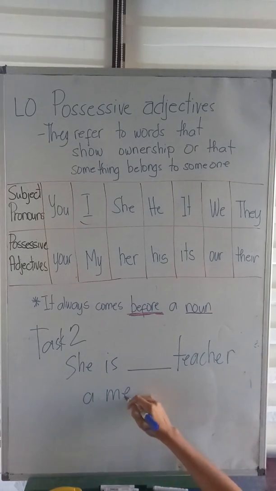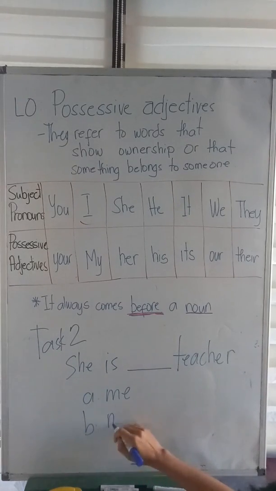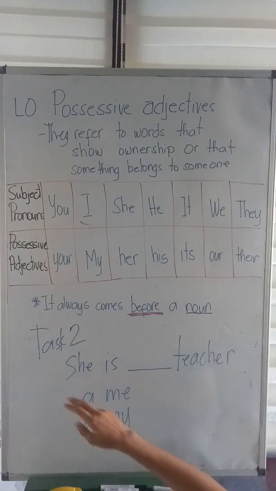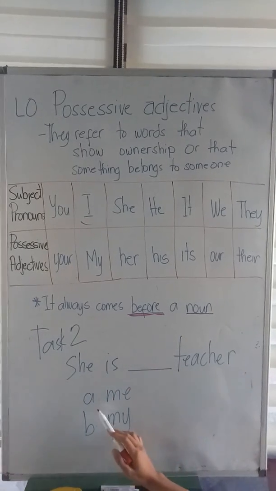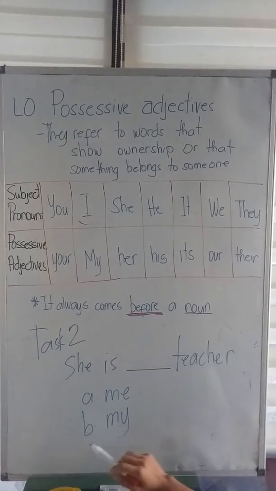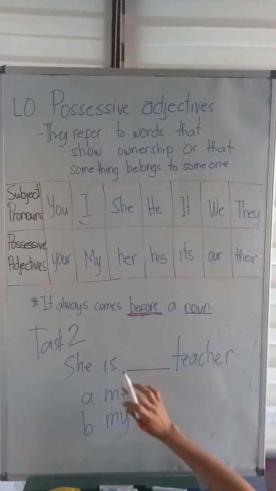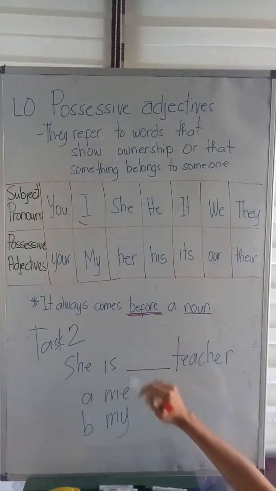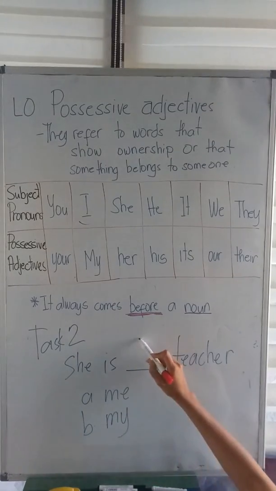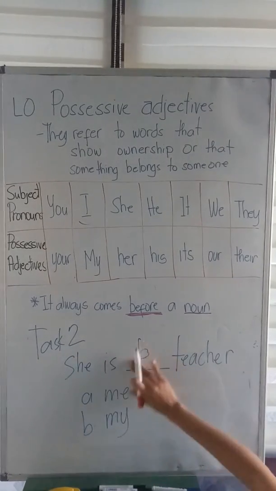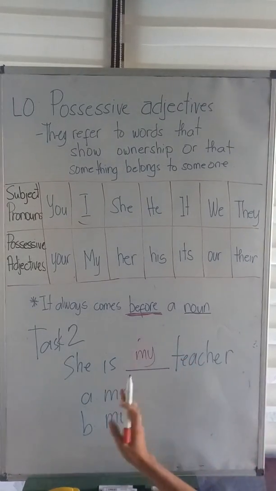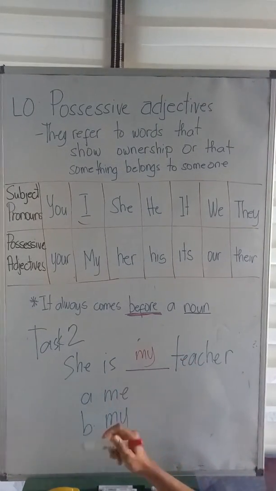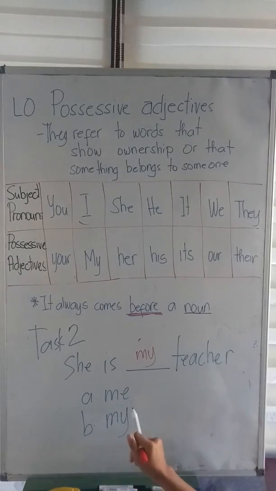A, me, B, my. You have to choose. For this sentence, she is my teacher. So you can write the answer B here, or you can answer my. In task 2, you can also just write the answer.